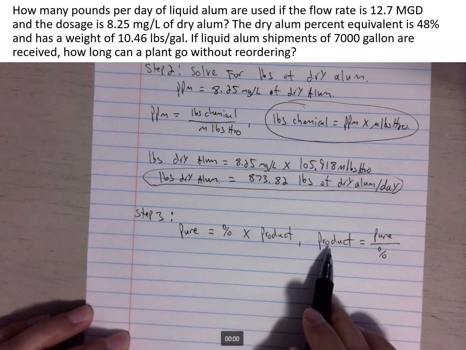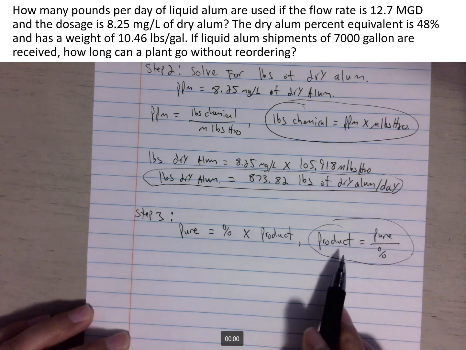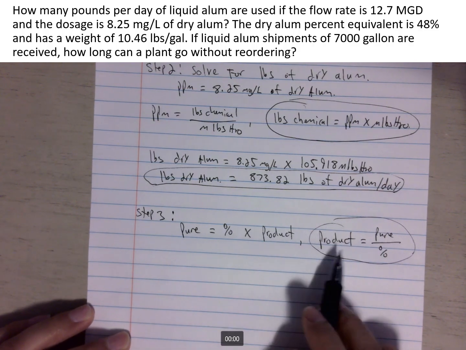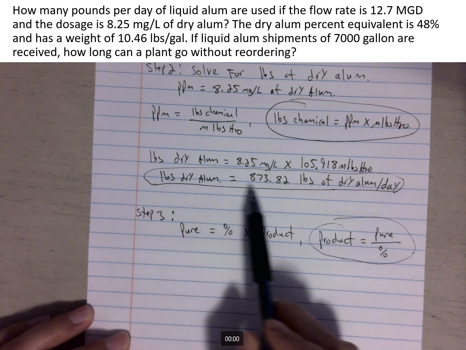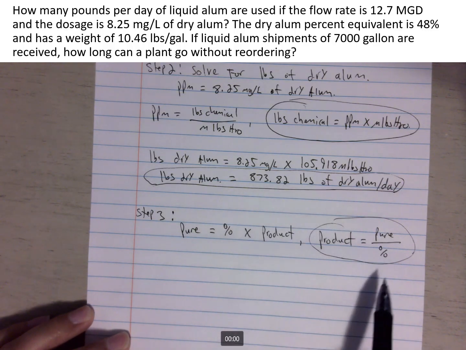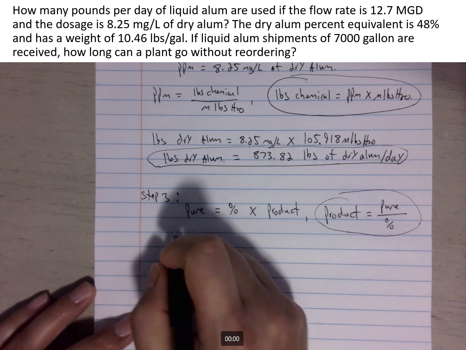So liquid alum, that is our product, and to find product, we take the pure, which we just found, pounds of dry alum, and we divide it by the percent. Let's go through and do that.